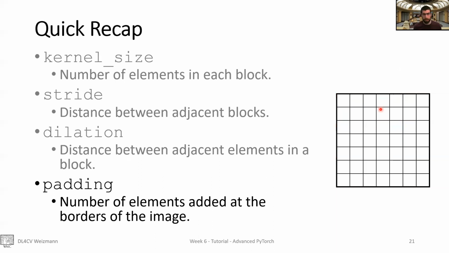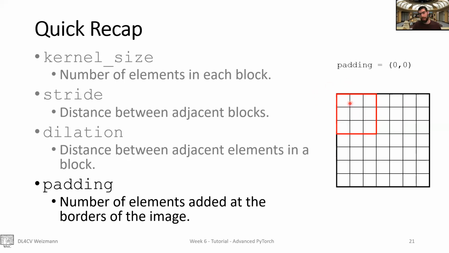And the last parameter I'll talk about is padding, which means the size of the empty borders we add to the image from each side. This is usually used when we want the output feature maps to have the same size as the input. So here, for example, we have kernel size of 3.